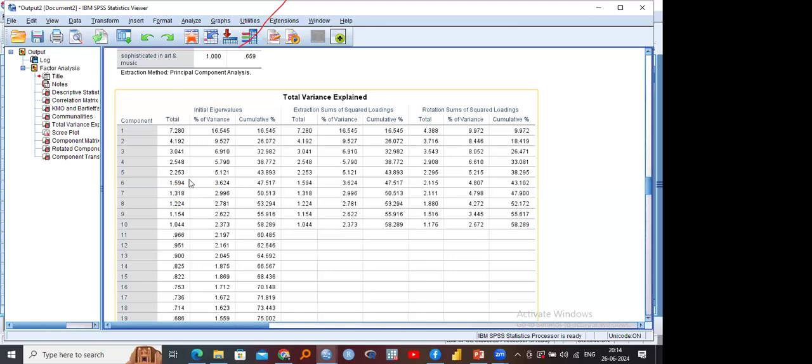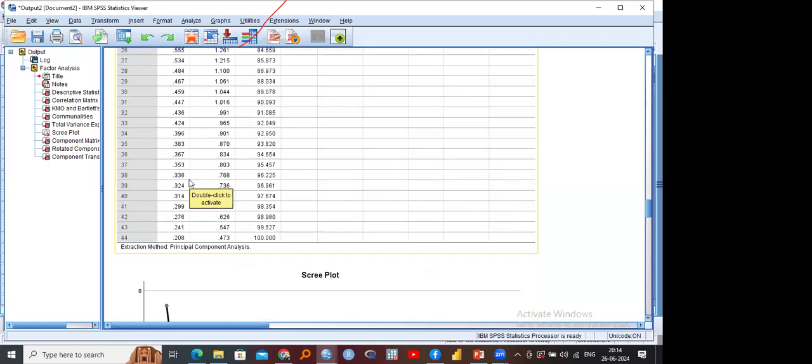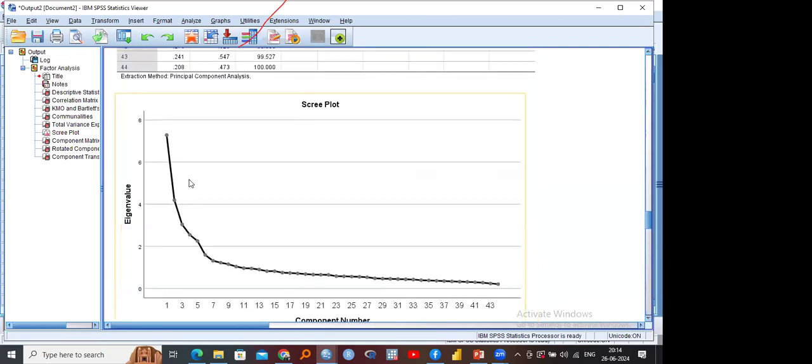Now, if you see the scree plot first, let me first go into the scree plot and then I will go into the initial eigenvalue. In this scree plot, on the x-axis, we have these 44 variables, and on the y-axis, we have their eigenvalue. How to interpret this scree plot? It should be in the shape of an elbow.